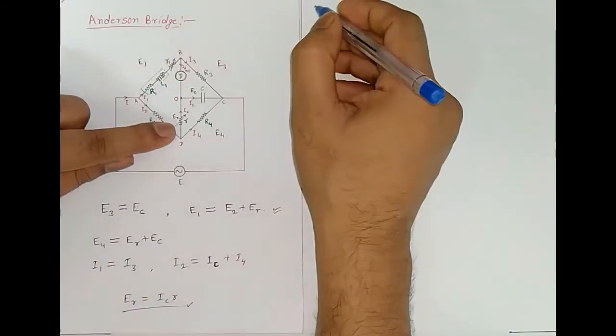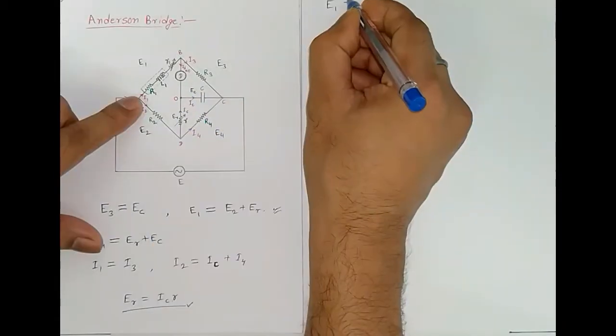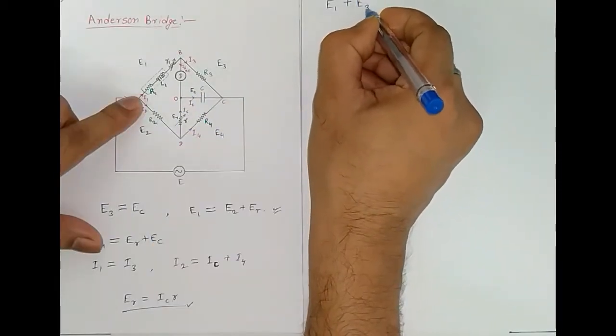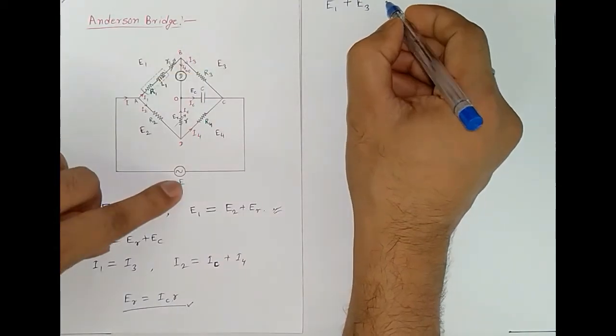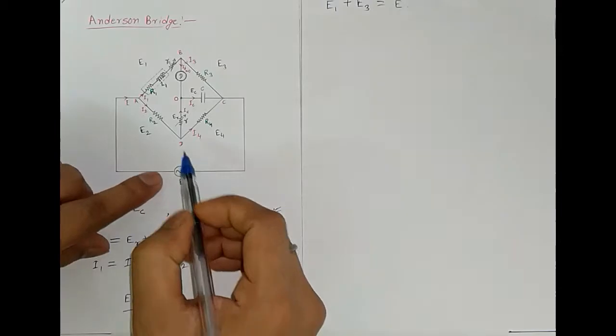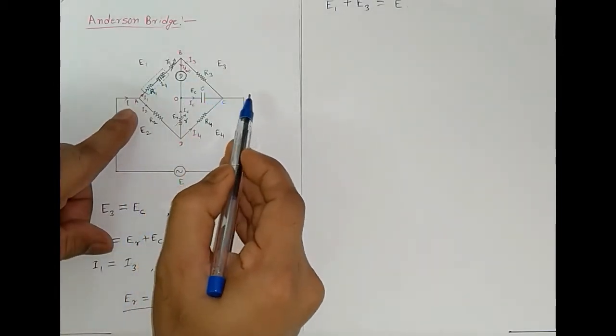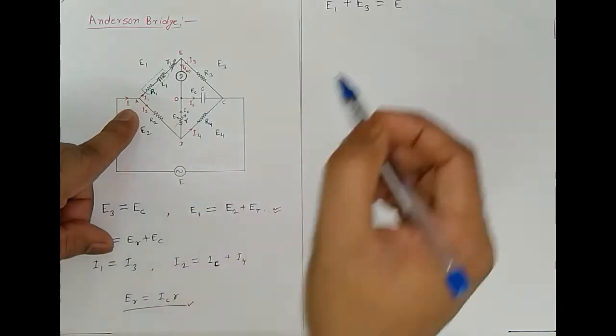Now, in this circuit, E1 plus E3 equals E, because this path and this path are in a parallel circuit.